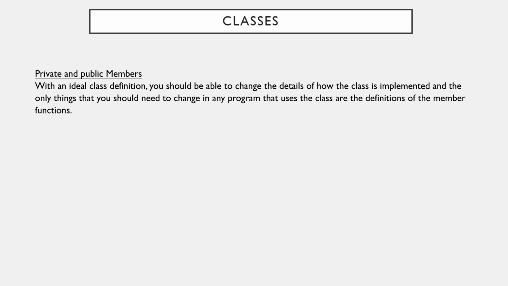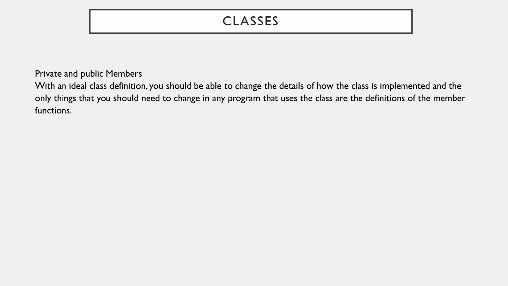So you want to create what's called an abstract data type, which means that you put in the definition of the class and how to use the class and the declaration and everything. Then if things need to be changed, any outside program, main function, or other function that's using objects of your class should not have to care about things that are changed. And that's the idea of it.